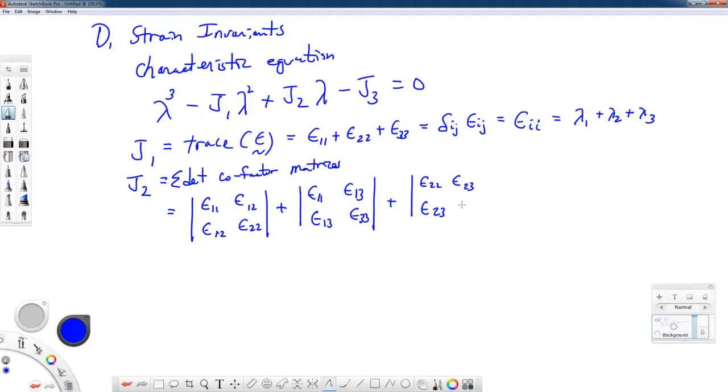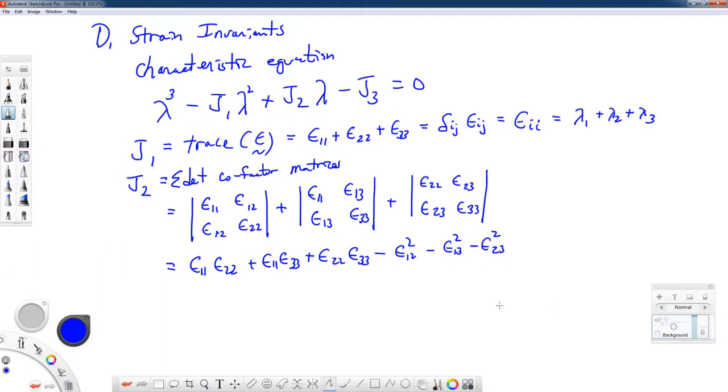We can express this as epsilon 1,1 times epsilon 2,2 plus epsilon 1,1 epsilon 3,3 plus epsilon 2,2 epsilon 3,3 minus epsilon 1,2 squared minus epsilon 1,3 squared minus epsilon 2,3 squared.